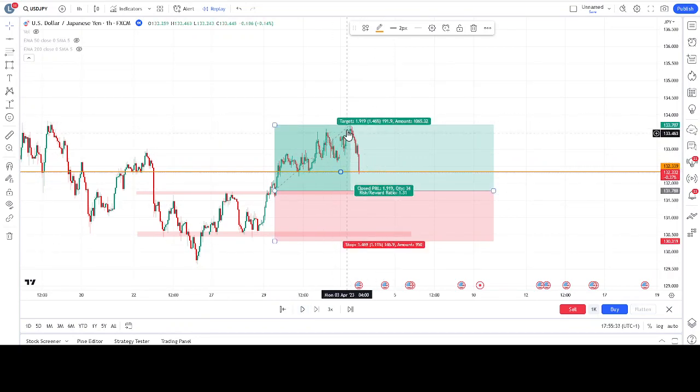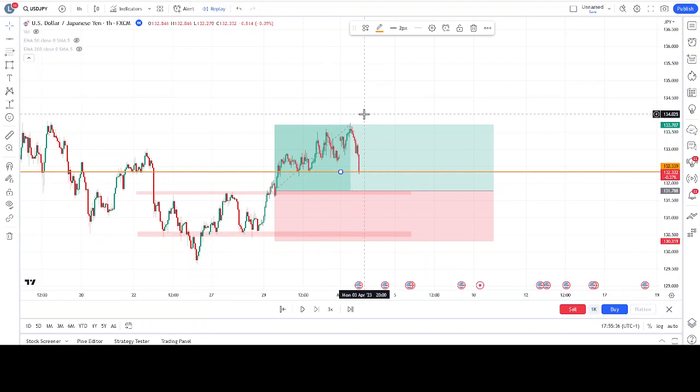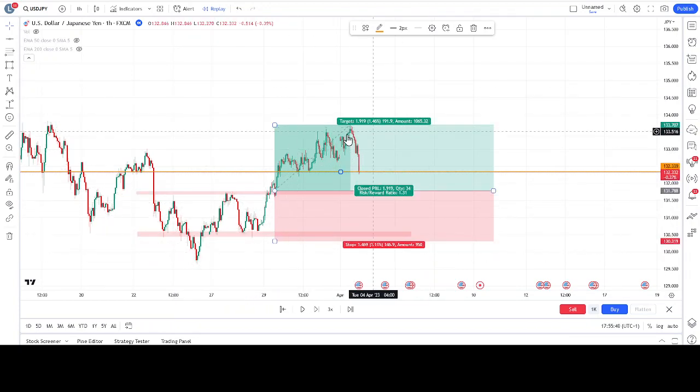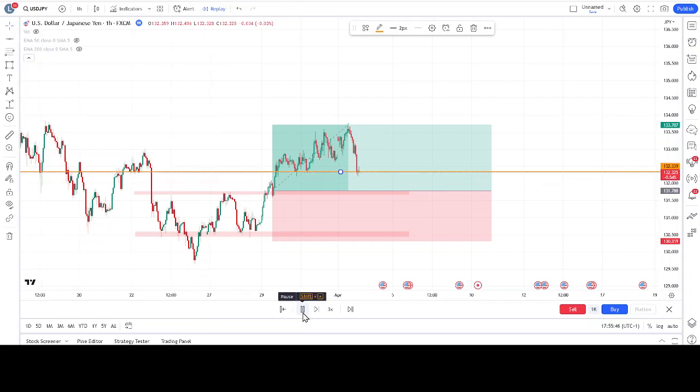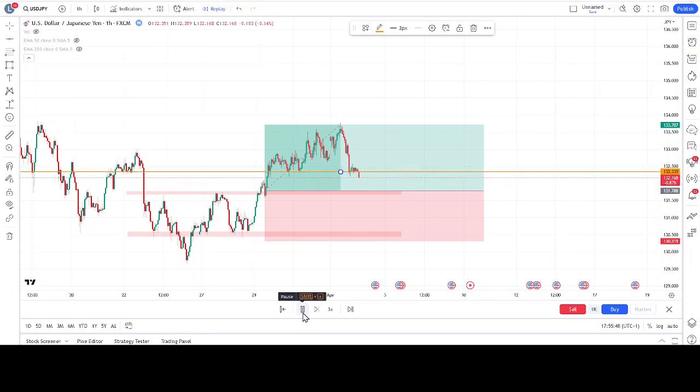And if you see, once it hit the target, because this is as per the pattern, it has actually reversed sharply, trying to challenge the support as well. Let's see what happens here. Yeah, that's a good support there.